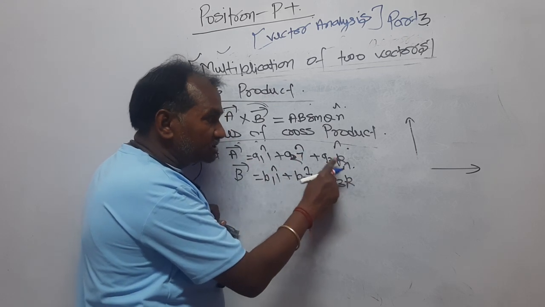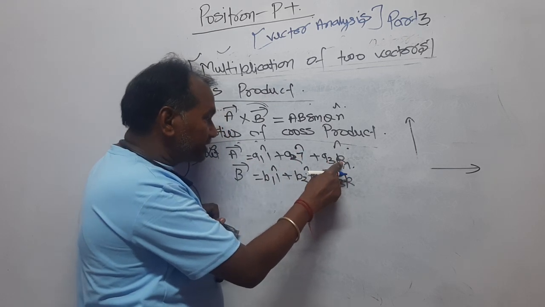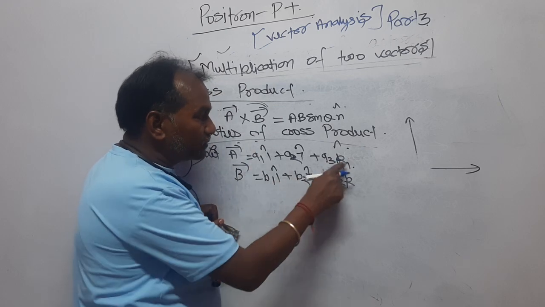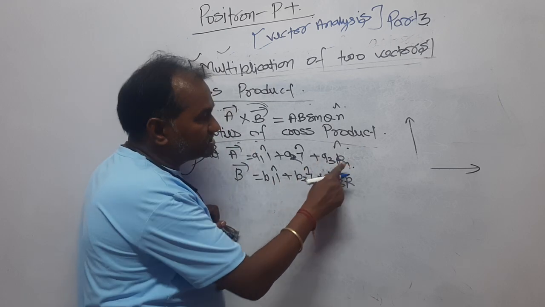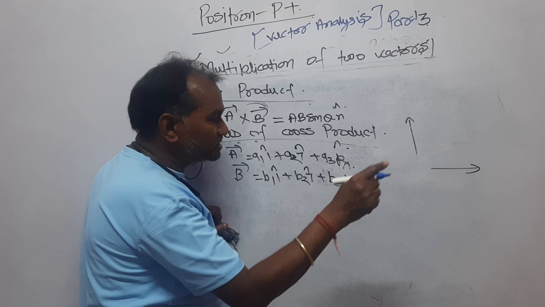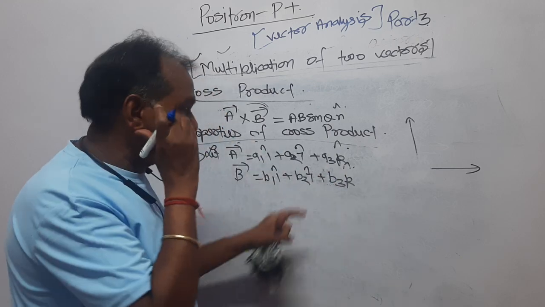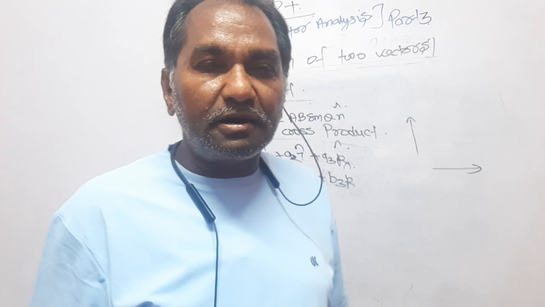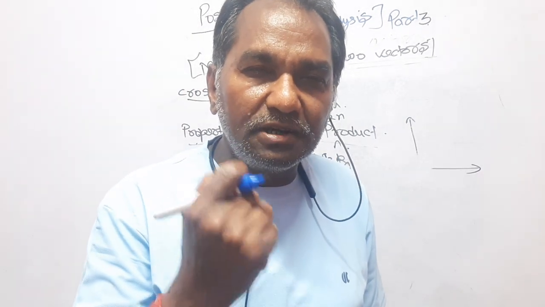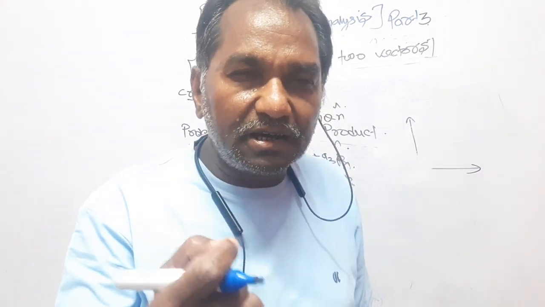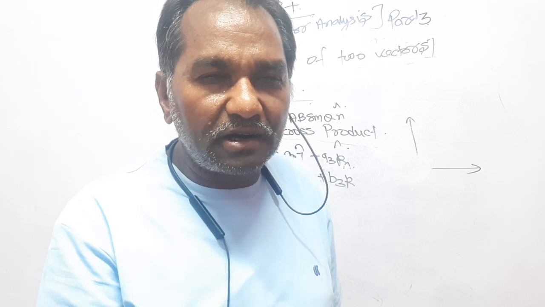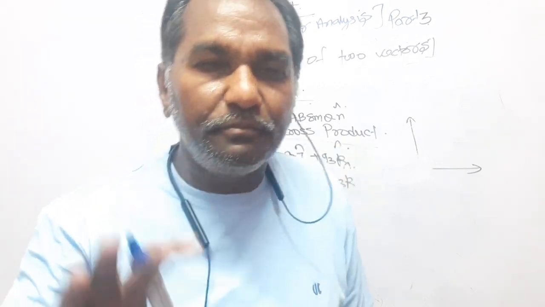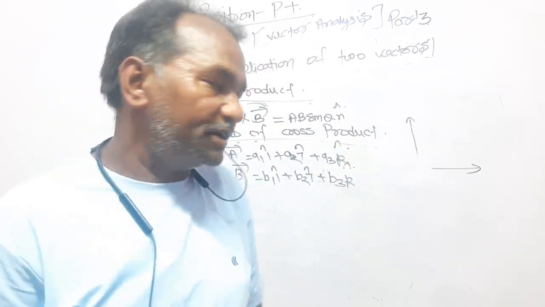Now, for a3 k cap, k dot i is 0, k dot j is 0, and k dot k is 1. That is why you consider a3 b3. Means in the case of the dot product, you consider only the coefficients of i cap, j cap and k cap in both vectors, and ultimately you add them. This is the result of A dot B.